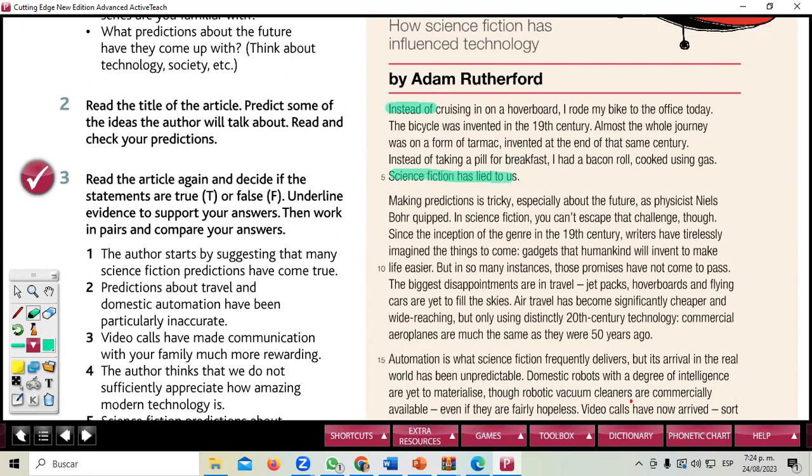Yes. Another thing is making predictions is tricky, and promises haven't come to pass. Yes, these promises haven't come to pass, they are tricky. So this is false. They haven't come true because science fiction lied to us. Okay. All right. Thank you, Mavity.